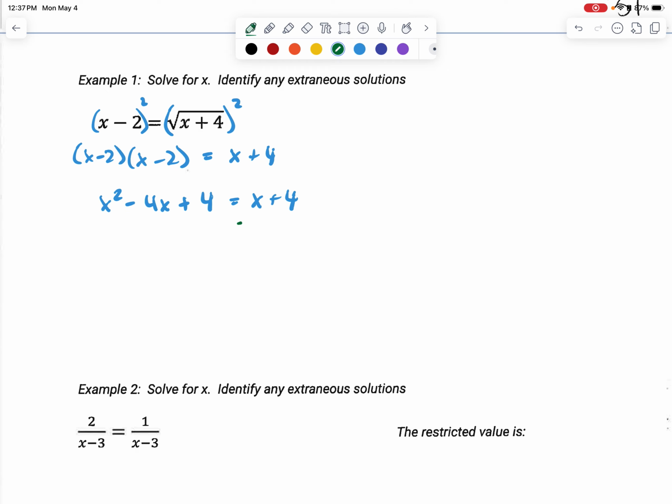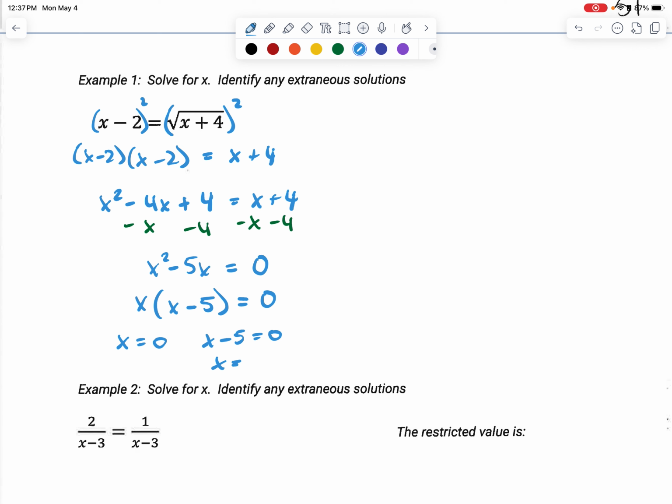It's a quadratic, so we need to get it equal to 0. Subtract x from both sides, subtract 4 from both sides, and we end up with x squared minus 5x equals 0. Because this is just a binomial, all I need to do is factor out the greatest common factor. This is factored form. You should show your factored form every single time. And then set each factor equal to 0 and solve.